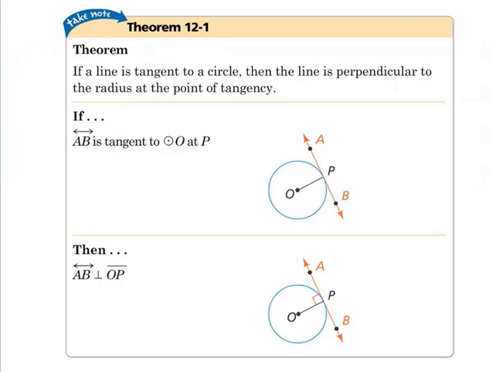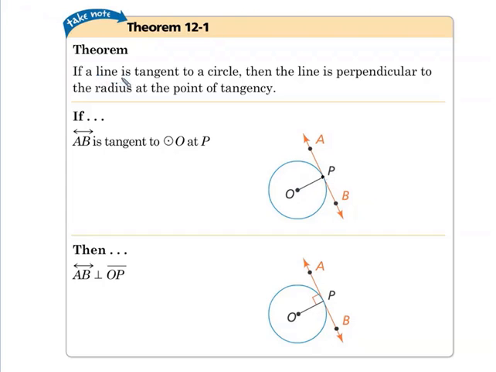So the first one is what happens when a tangent is drawn, such as what we have here. The point of tangency is point P. Let's mark that nice and dark for us here. And now I'm going to connect point P to the center of the circle and make a radius. So the theorem or the relationship that we have here is, let's read it.